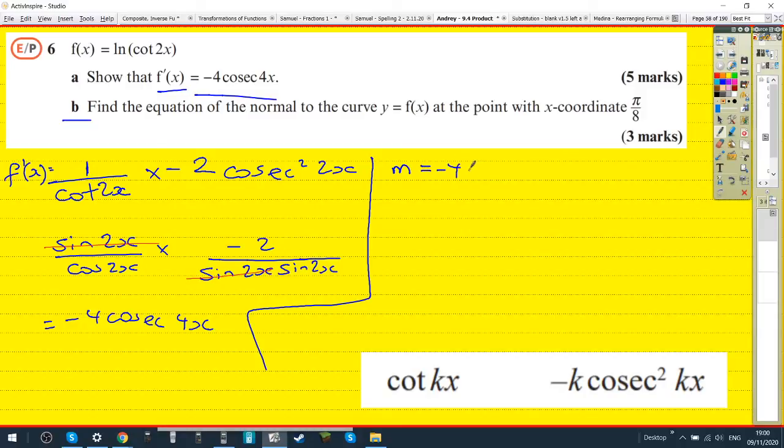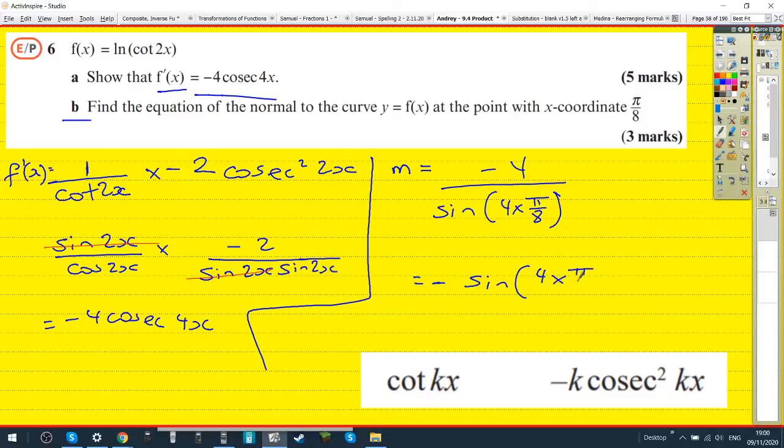Yes. And how do you do cosec in your calculator? Minus 4 over sine 4 times pi over 8. Yeah. That gives you the gradient. Then we get the negative reciprocal of that gradient.